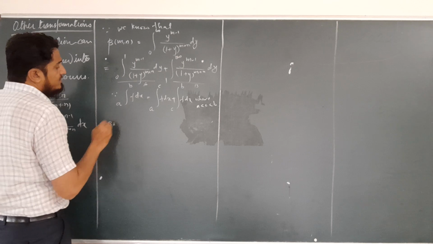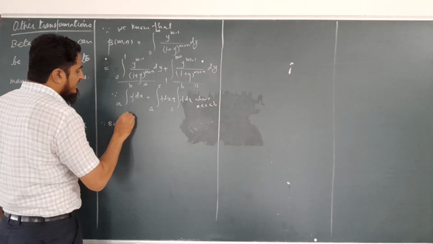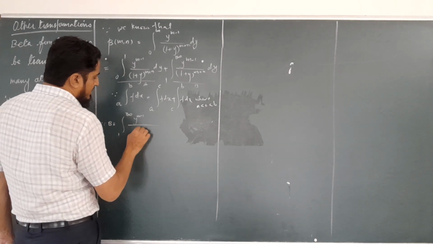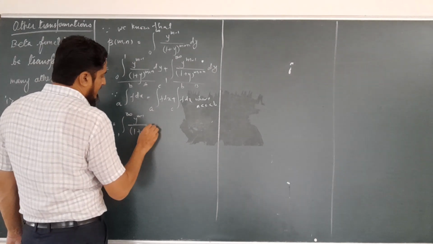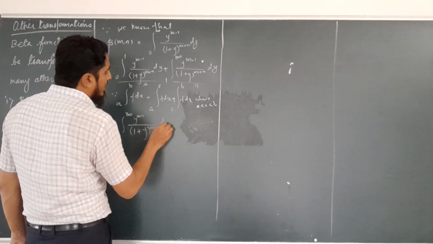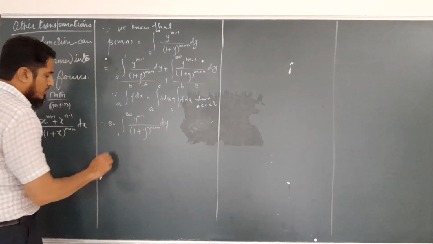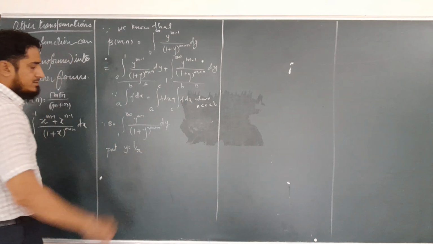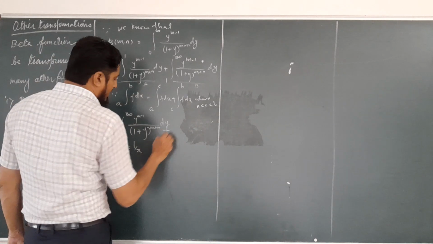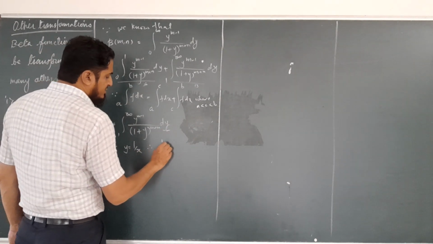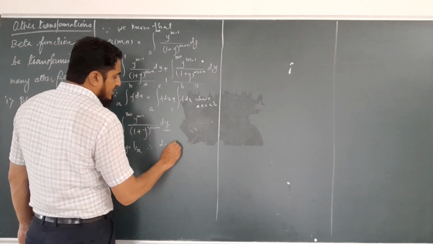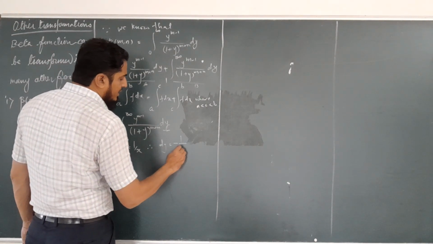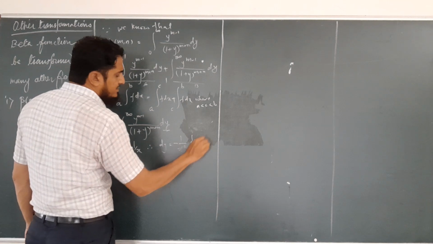Since part B is equal to integration from 1 to infinity y raised to m minus 1 upon 1 plus y raised to m plus n dy. Correct. Put y is equal to 1 upon x. We want dy also. Therefore, differentiation of this gives us dy is equal to minus 1 upon x square dx.